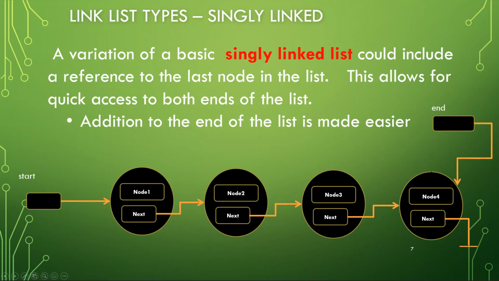This would allow for a speed up if you know that you're going to do a lot of adds at the end of the list. Instead of having to make a moving reference that goes all the way to the actual end, you have this end reference that you just maintain throughout the whole creation of your linked list in different methods, making sure it follows the rule that it always references the very last node. So if you want to add to the end, you have quick access to it at that point in time, but then you need to modify the end as you move through it.